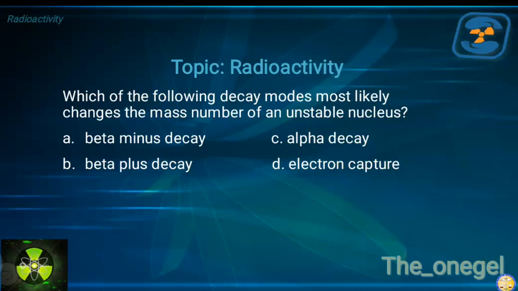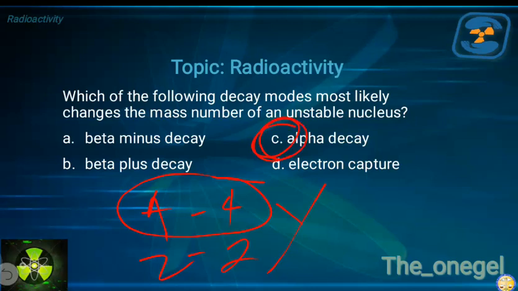Diba sa formula, A minus 4 and Z minus 2 para maging bago siyang element. So therefore, siya ang best answer. Let's check. Electron capture. 'Di ba parehas yung result niya sa beta plus decay? So atomic mass number will be the same. Kaya the answer is alpha decay.